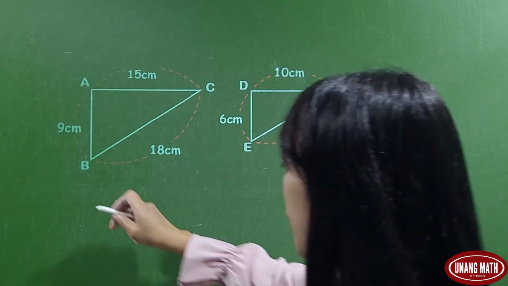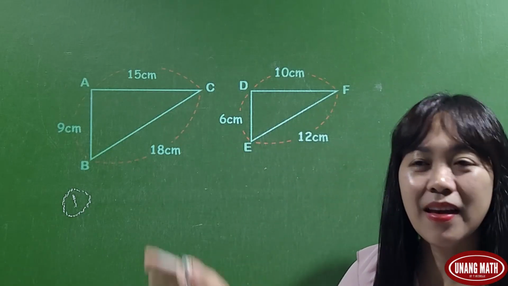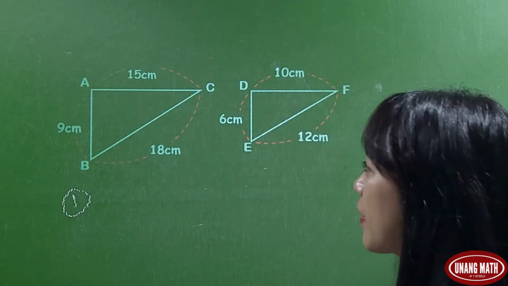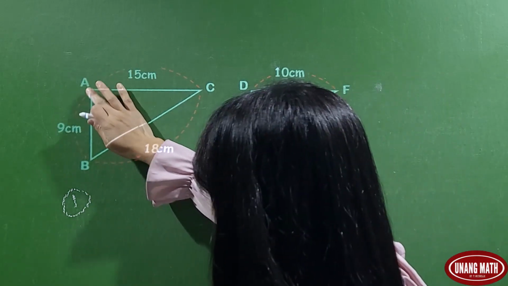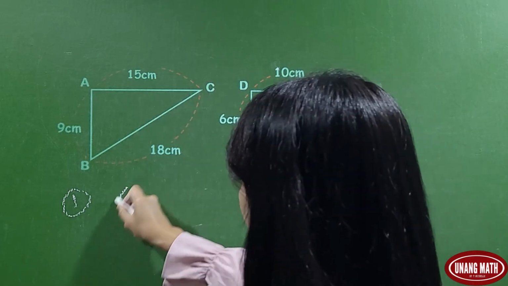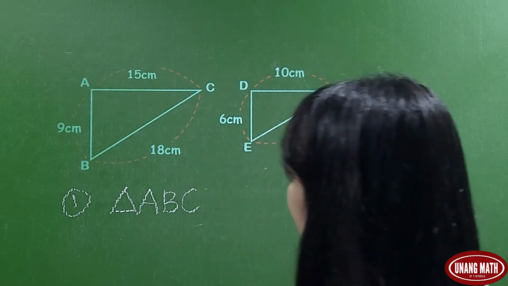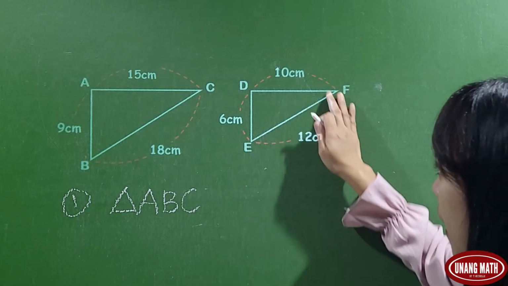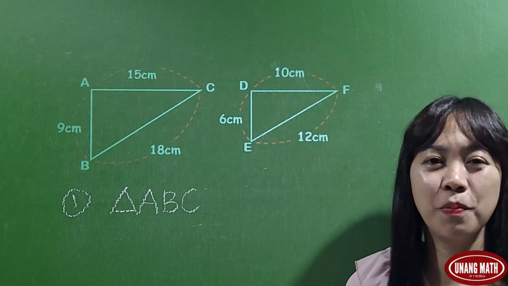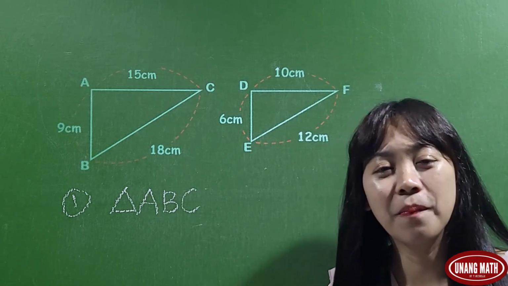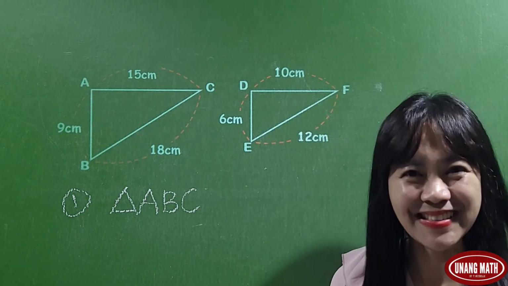The first thing we need to do is name these triangles. In this triangle, let's name this as triangle ABC. How about this other triangle? We have to be careful because we need to consider the corresponding points or the corresponding sides.